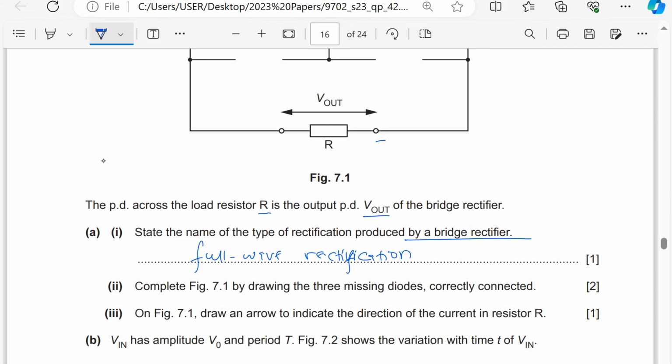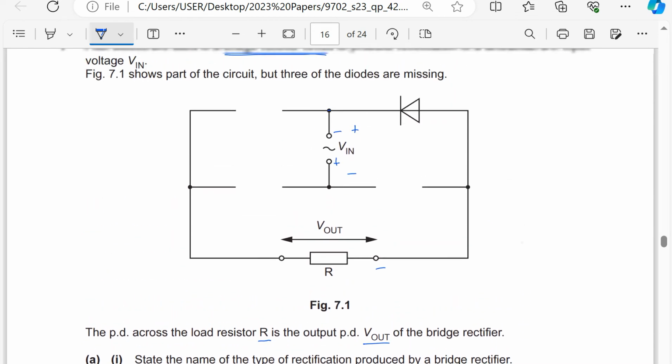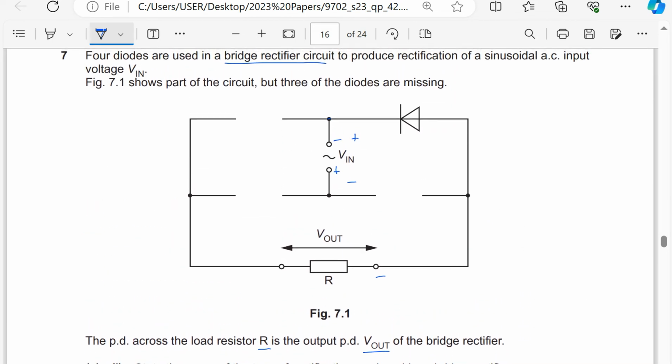Complete the figure by drawing 3 missing diodes correctly connected. Okay, so I want the output to be full wave rectified. So let me check. Suppose I want this diode to conduct, let me see if current is to flow like this. It doesn't take this route.